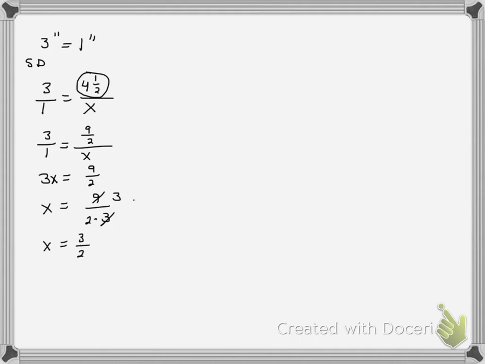Now, for these, most of the time they'll want you to answer it by putting it back into a mixed number, 1.5 inches. So if I have 4.5 inches on the scale drawing, that represents 1.5 inches on the actual object. Okay, I think that you'll be able to follow that.